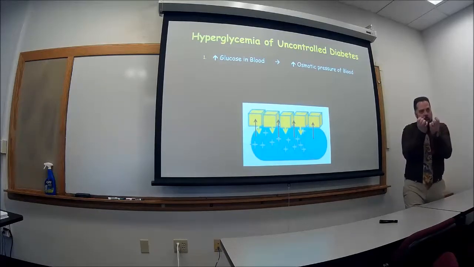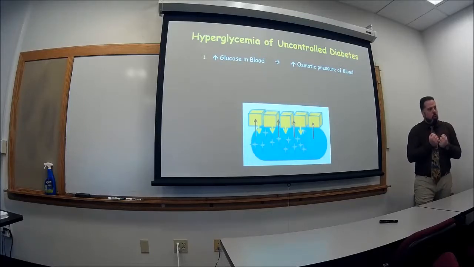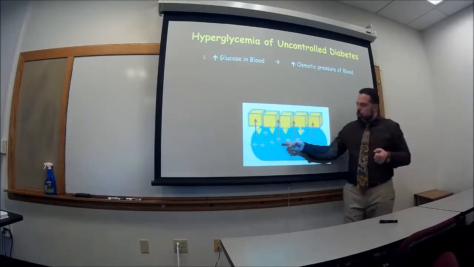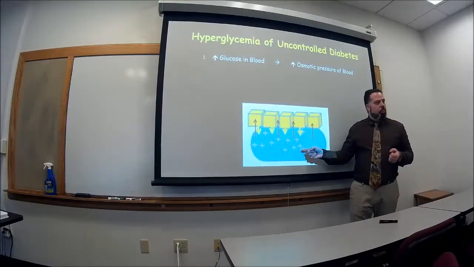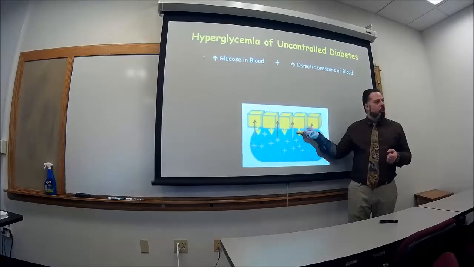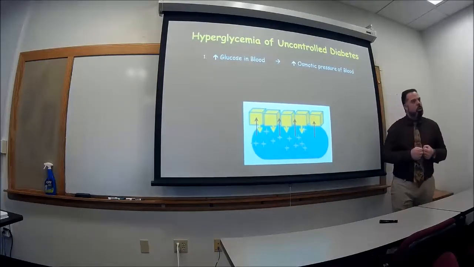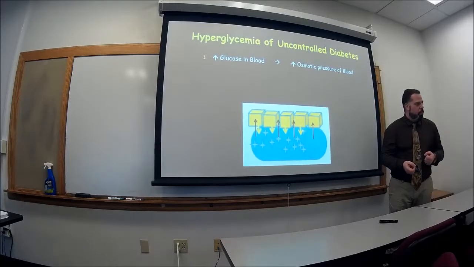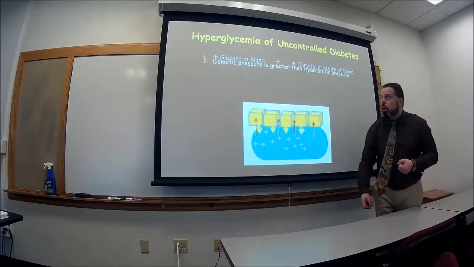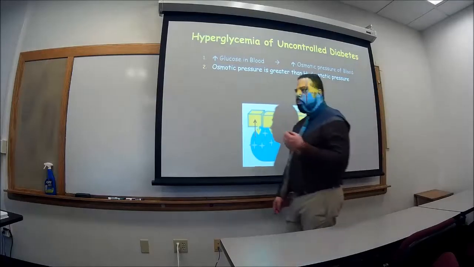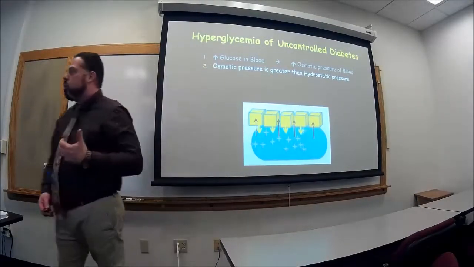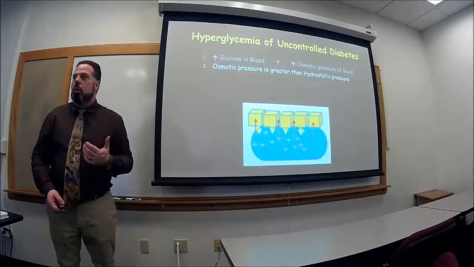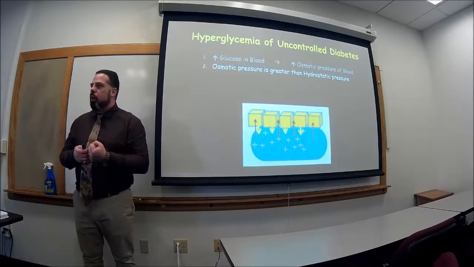It's a drawing force, a pulling force. So if you have more glucose in the bloodstream, it's going to draw fluid from your cells and bring it into the bloodstream to try and dilute it. Right? Does that make sense? Okay? So osmotic pressure in the bloodstream is greater than the hydrostatic pressure in the bloodstream. So it's bringing in more fluid that way.